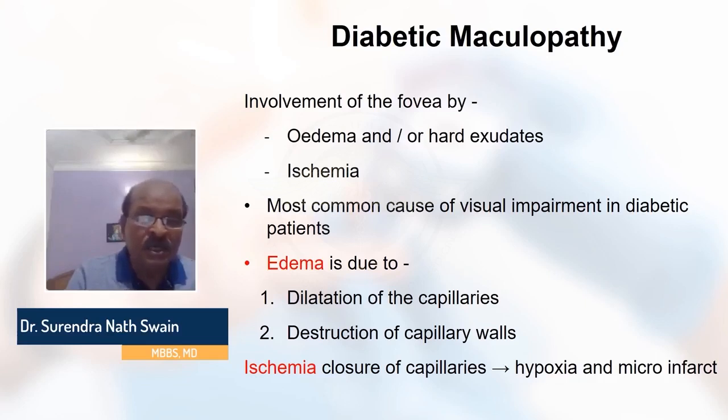Edema is due to dilatation of the capillaries and destruction of the capillary wall. The ischemia is due to occlusion of the capillaries, with hypoxia and microinfarction finally leading to infarction.